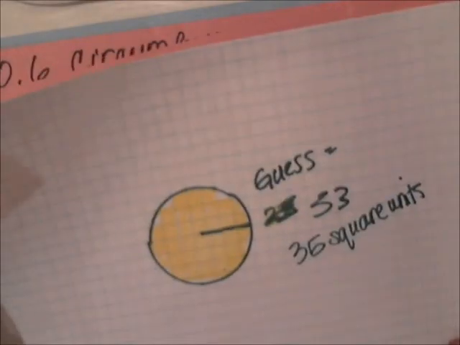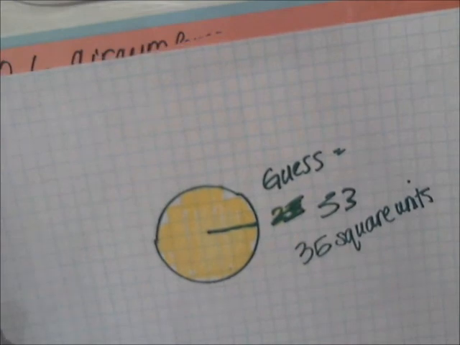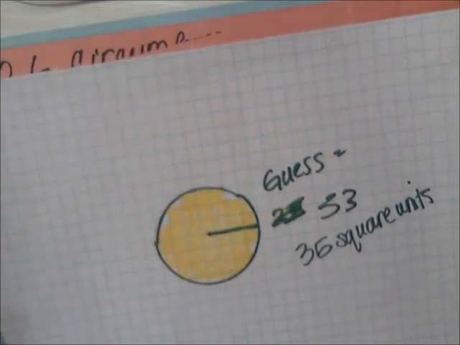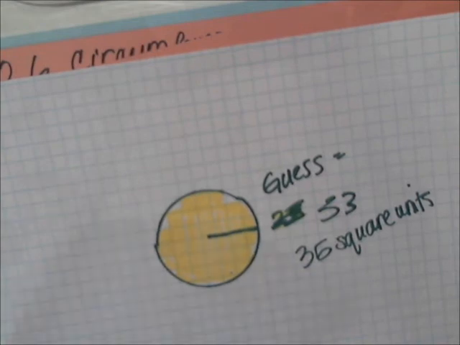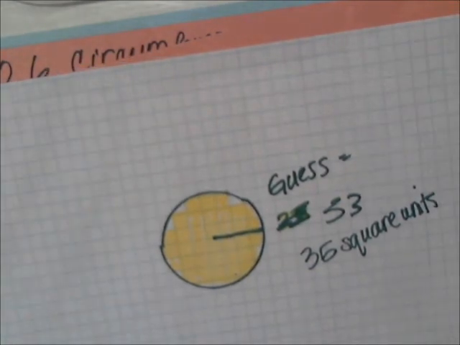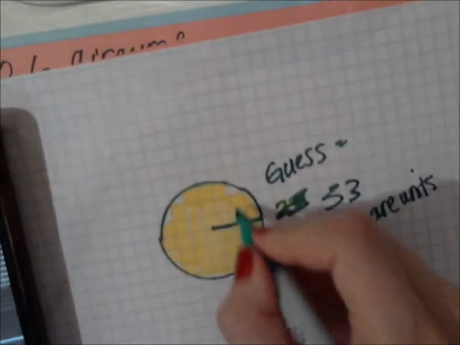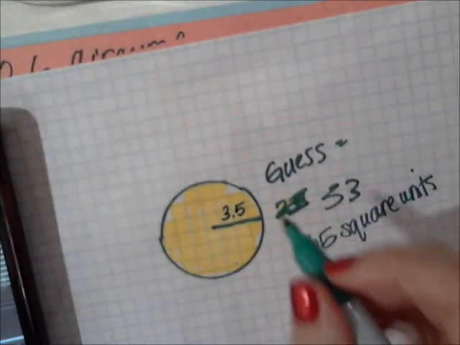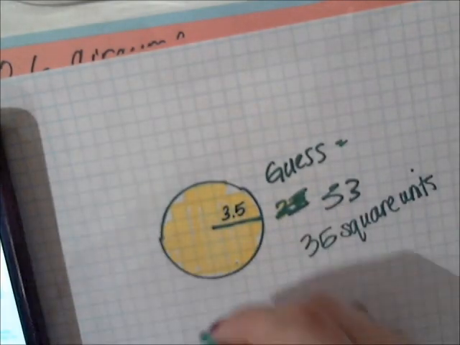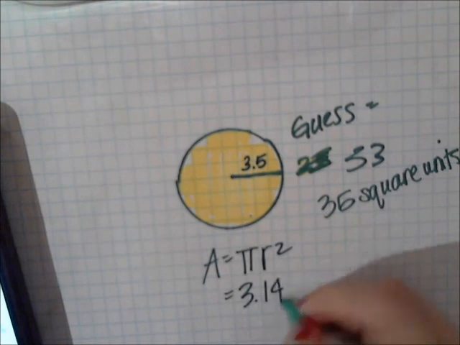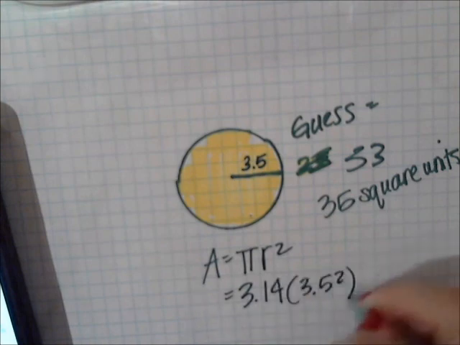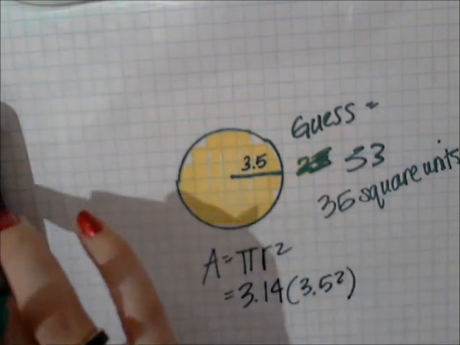Okay, so let's go back to the guess that I had made here. Wait a minute, was this the one? Did I say 33 or 35? Okay, I think I said 35. Now this is 3.5 units. I'm going to write down the formula. A equals pi r squared. 3.14 times 3.5 squared. I'm going to go ahead and calculate that.